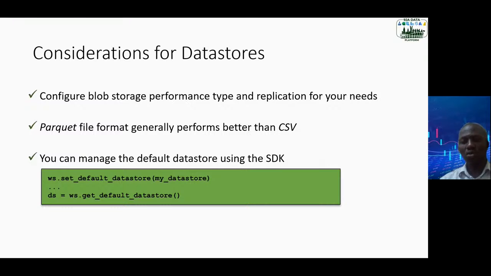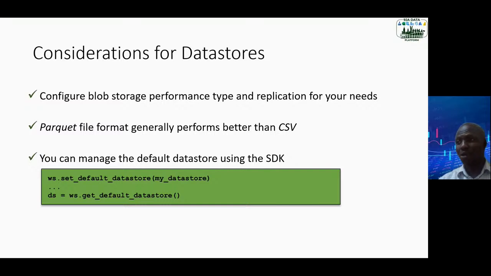Then there are considerations that we need to go through for our data store. Configure the blob storage to perform the type of the experiment that we need. And then we also know that the Parquet file format performs better than the table structure that we have. Then when you create your workspace, there is a default data store, and then you can change it.